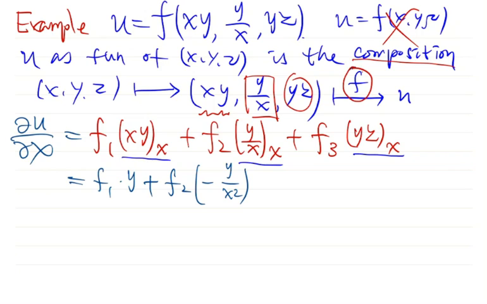Then f3 multiplied by the derivative of yz with respect to x, but y, z and x are independent variables, so yz does not depend on x. Therefore, the derivative of yz with respect to x is 0. So we conclude that the partial derivative of u with respect to x is y f1 minus y over x squared f2.